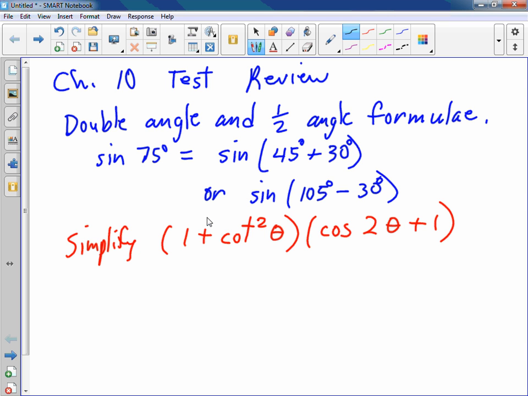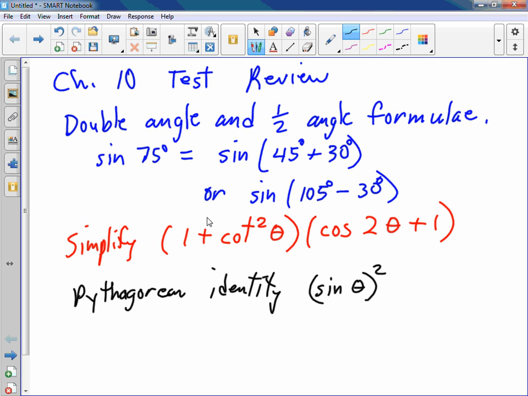Some, definitely, you'll have to use the Pythagorean identity, which is what? Pythagorean identity: sine theta squared plus cosine theta squared equals 1 squared.